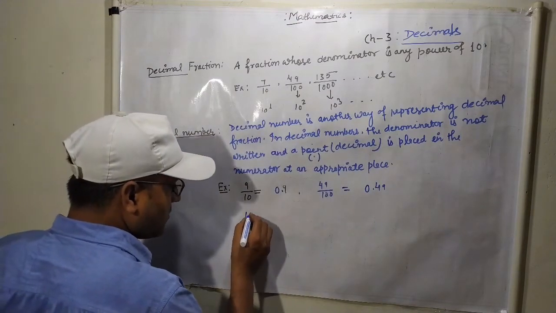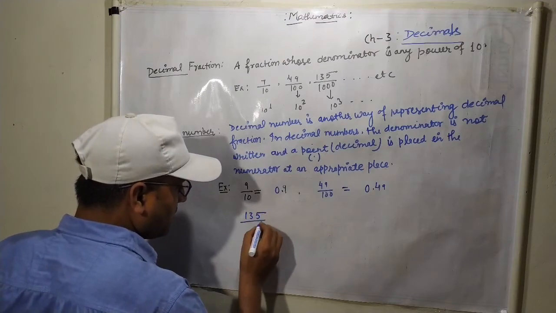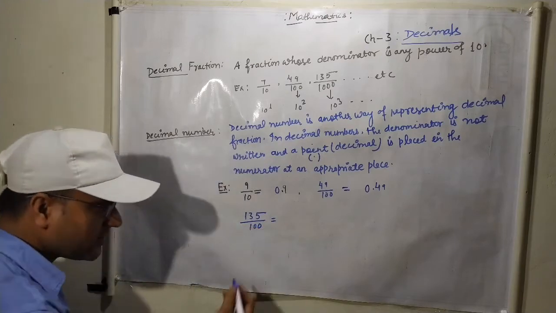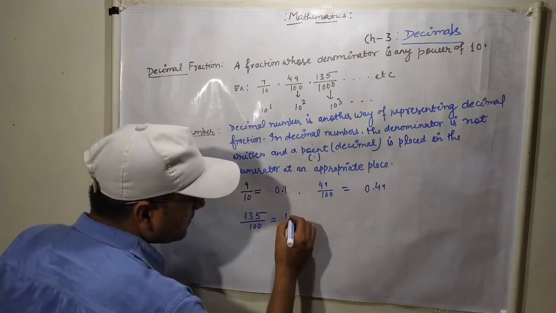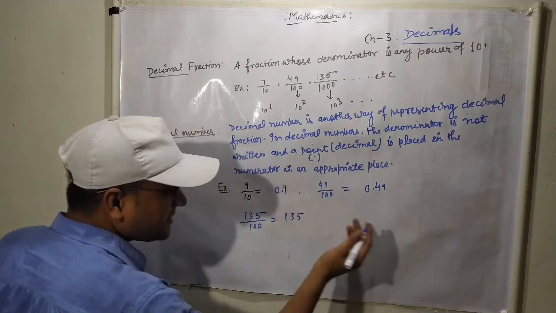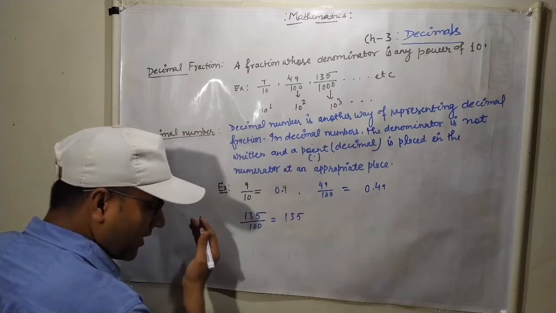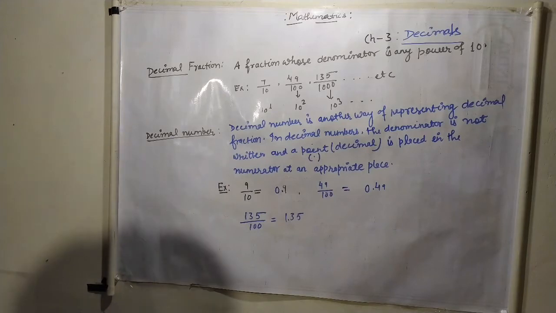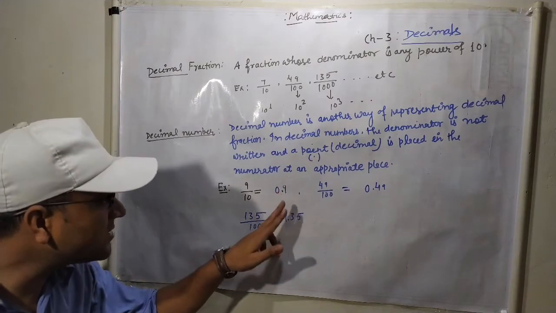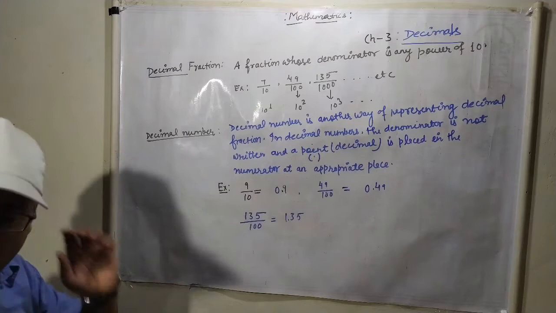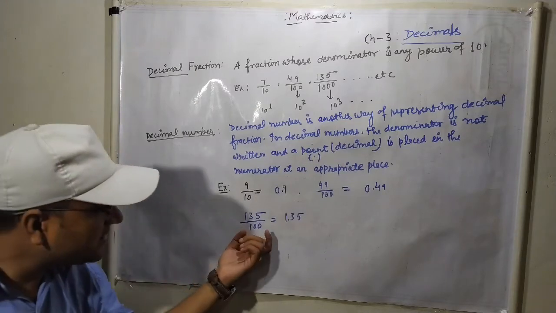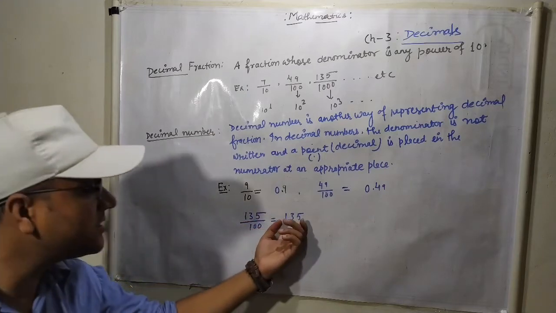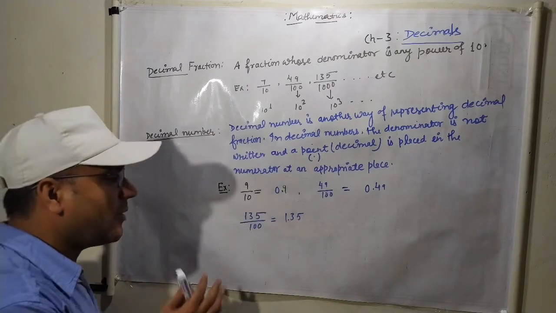And 135 upon 100: there are two zeros, so count two numbers from right to left, then put the decimal point. This point is known as a decimal point. If the denominator is not written, the numerator is changed into a decimal number.